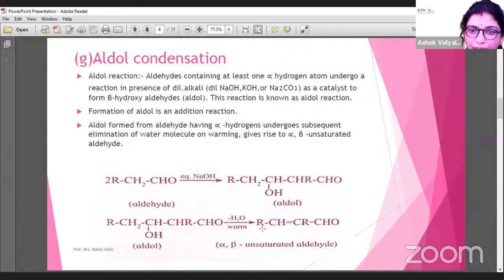This is alpha and beta. Unsaturated means having a double bond. This reaction, aldol condensation, is very important for your examination. Okay, now we'll move to the next slide.